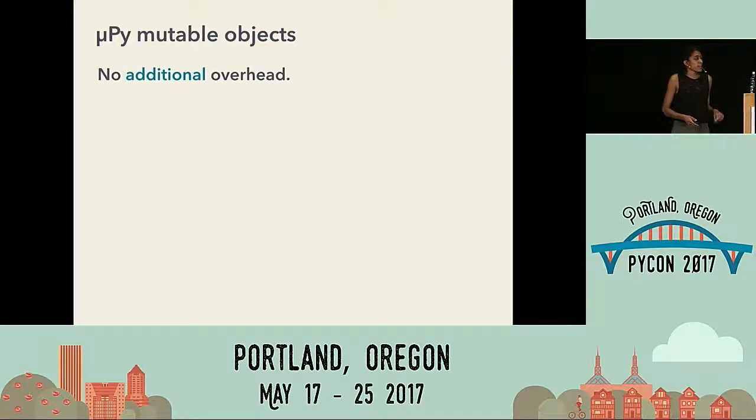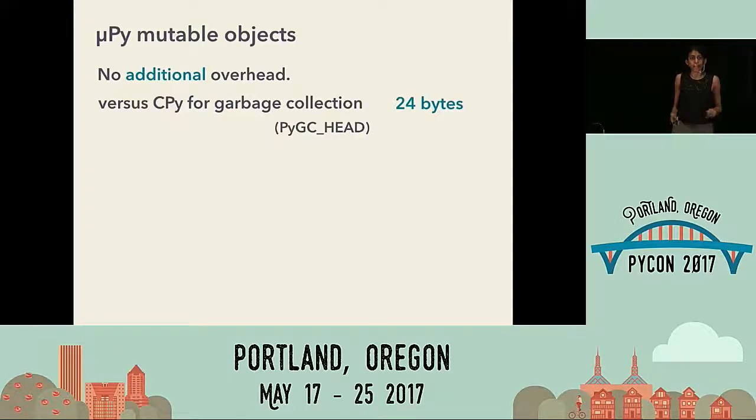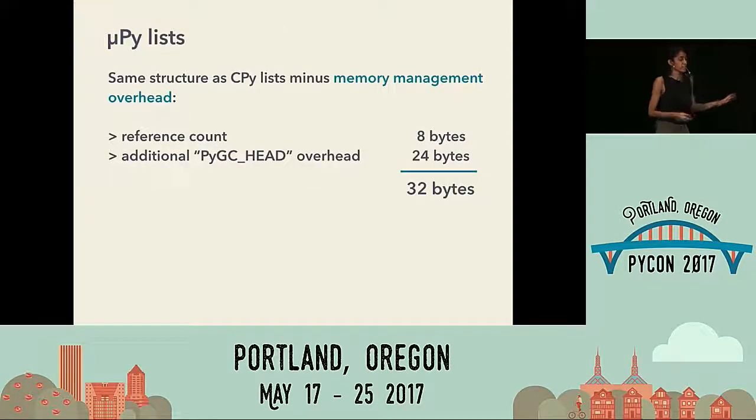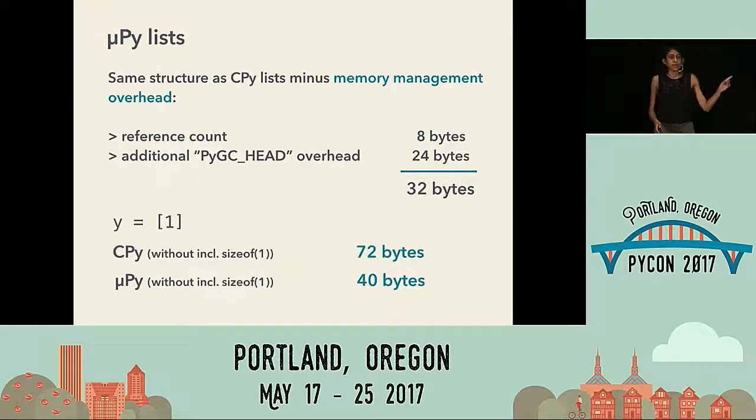It also turns out that in the case of MicroPython, mutable objects don't have any additional memory management overhead. They don't have that PyGC head, which added 24 bytes. But other than that, in the case of lists, MicroPython lists and CPython lists have practically the same structure with respect to memory use. The only overhead in CPython's case is that memory management overhead, which adds a good 32 bytes. Other than that, MicroPython's lists also do dynamic resizing, which is why we saw that step function for those lists as well.